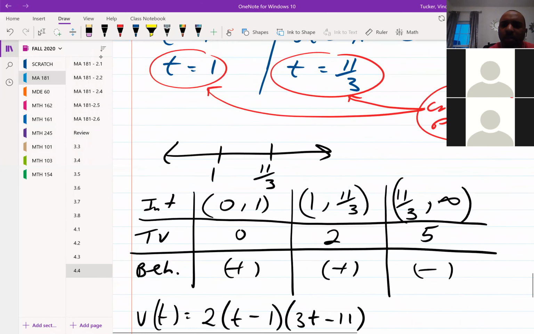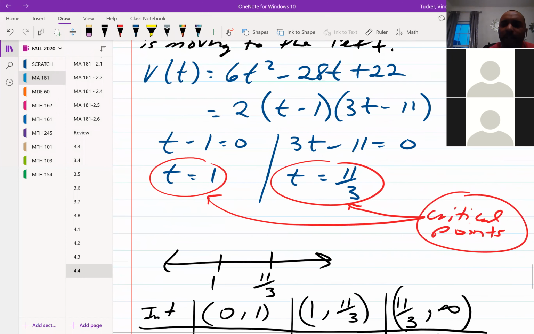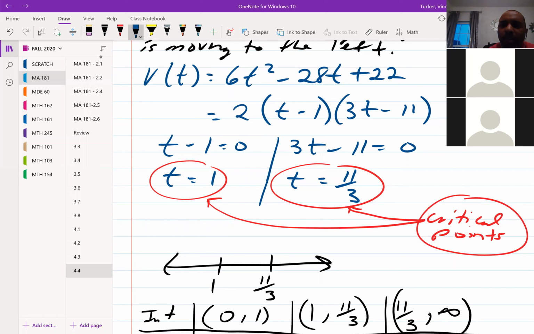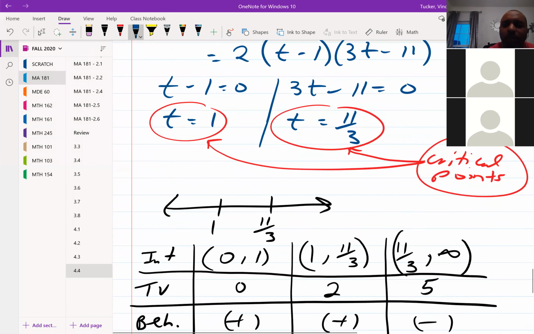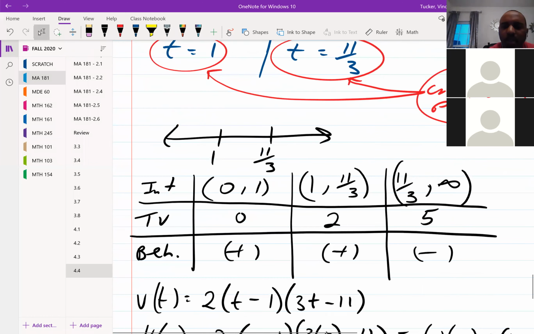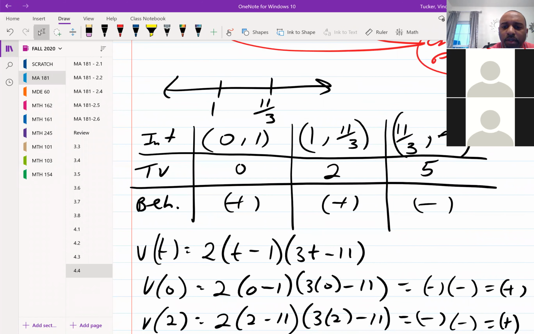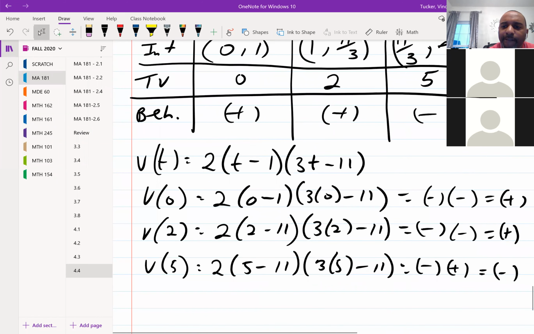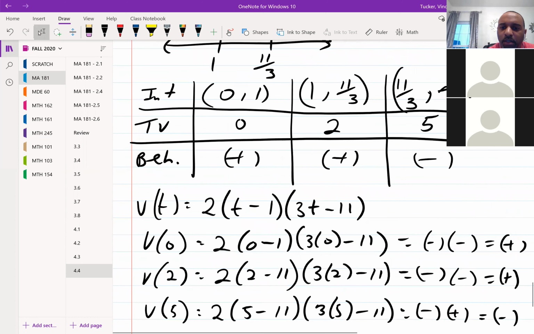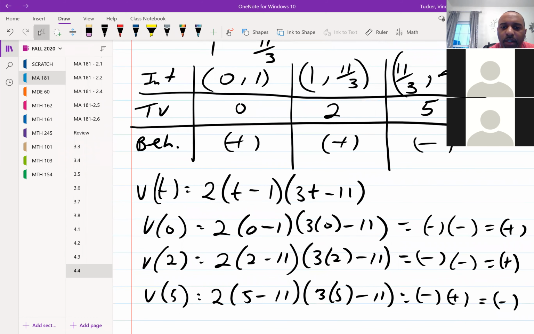And then, because I got my positive sign right here, negative, negative. That should be 11 over 3. 11 over 3, negative, negative. Yeah, that should be right. So why am I getting 0? That gives me a negative sign, so that is right. Plug in 2 minus 11. 3 times 2 gives me negative 11.